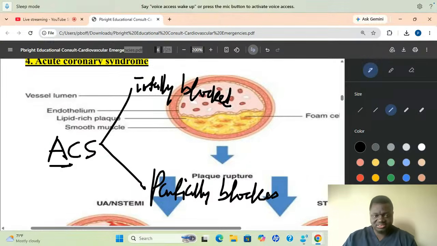Okay, yes. So if it is totally blocked, we are looking at what? The MIs, the unstable MI.